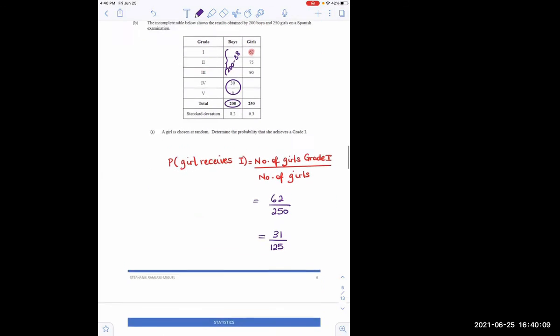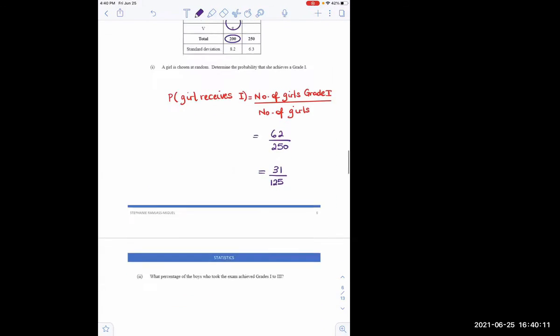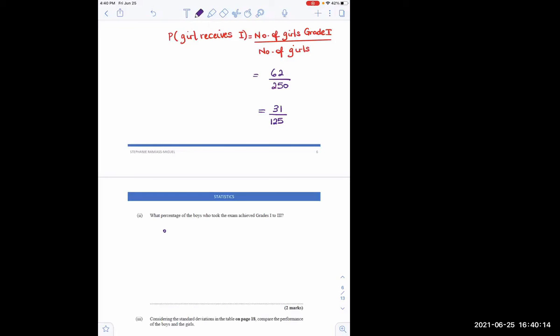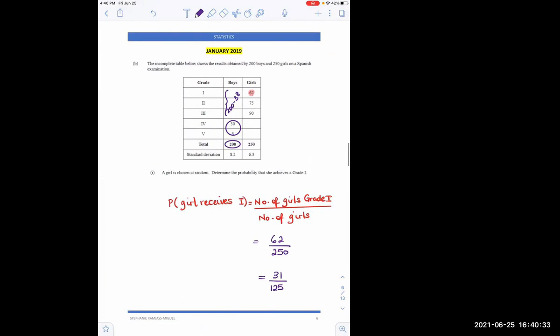So the percentage would be the number of boys with grades 1 to 3 over the total number of boys, multiplied by 100 over 1. Work it out.